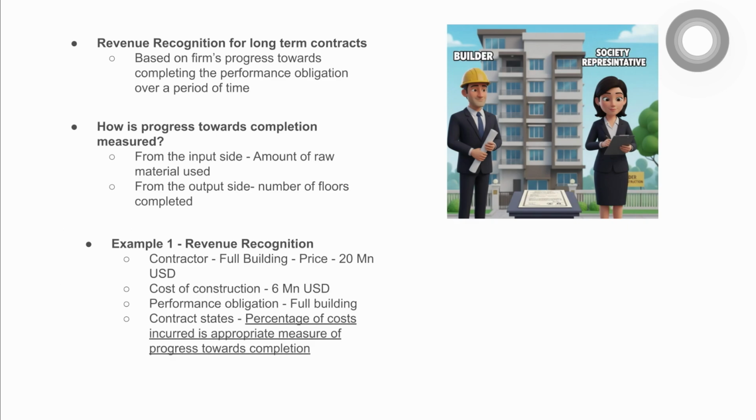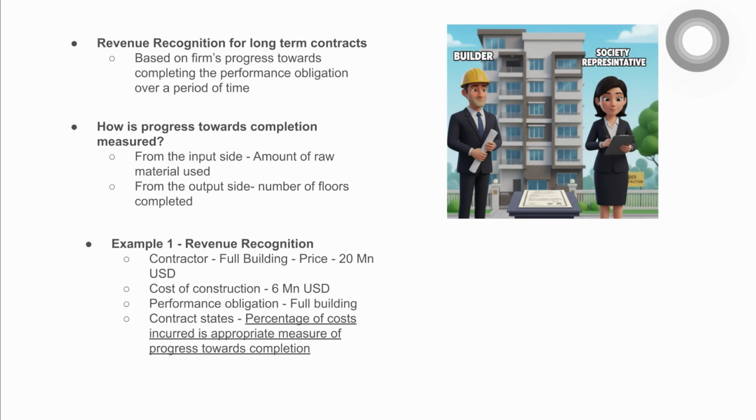The performance obligation, in this case, is the full building itself. There is no separate performance obligation for each floor, and it is distinctly mentioned in the contract that percentage of costs incurred is the appropriate measure of progress towards completion. What does this mean?